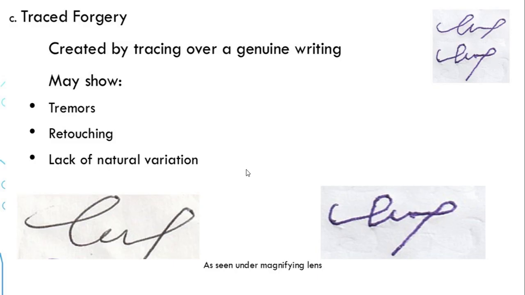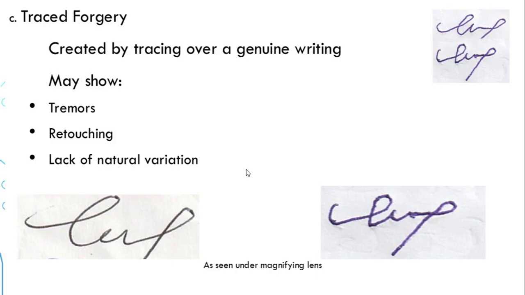Then lack of natural variation. If you look at this one now, there's no variation between the two, apart from those things that we mentioned. The pictures are just the same. If you look at it from this side, look at this one here on top, it's just a copy of the two. So they look much alike. So at times you may not even see natural variation.